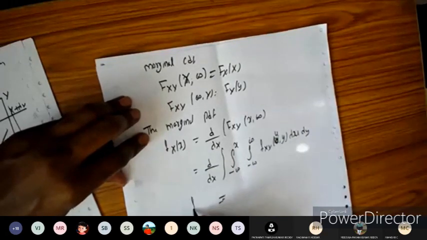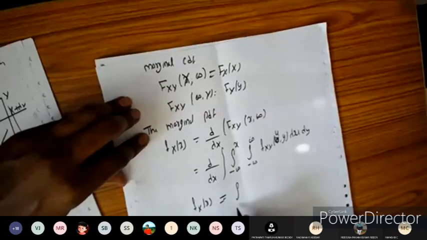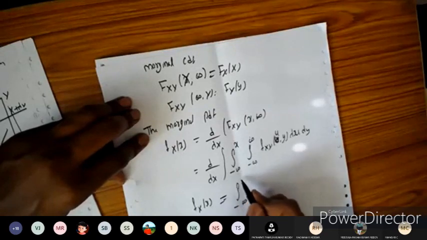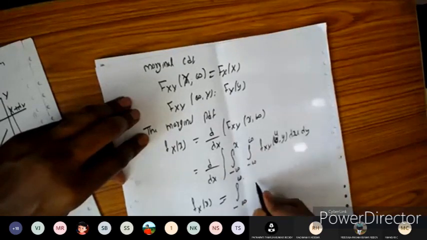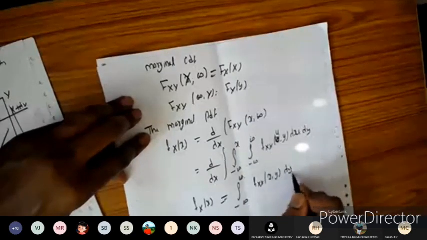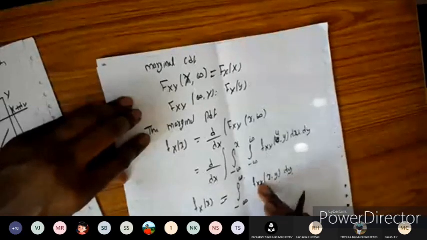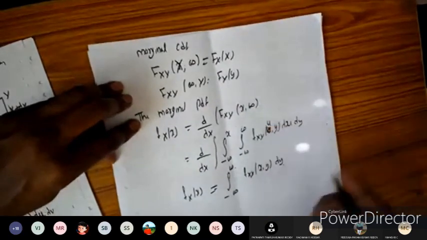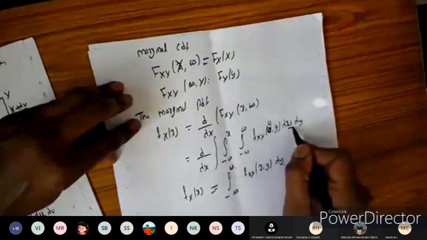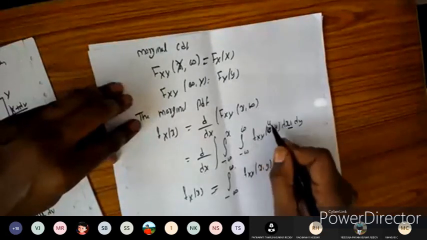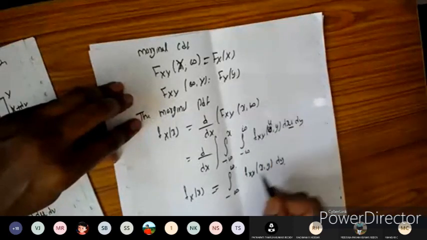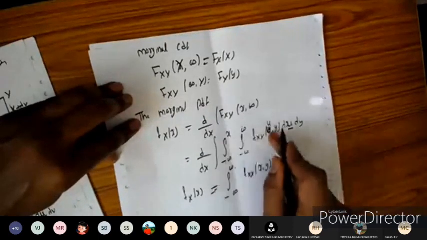Just a small correction here: if I integrate f_XY from minus infinity up to x with respect to u, I get f_XY(x, y), because I substitute the limit x.